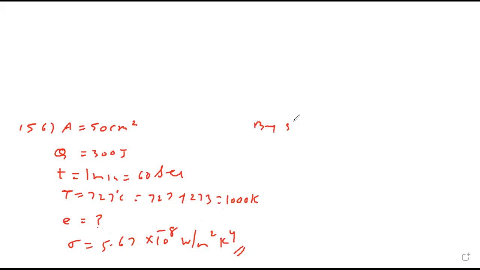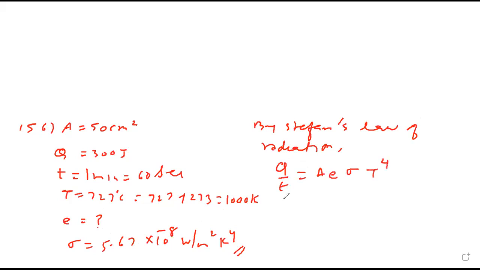Again by Stefan's law of radiation, Q by t is A E sigma T raised to 4.